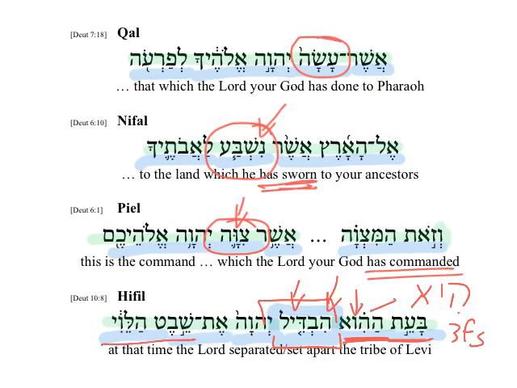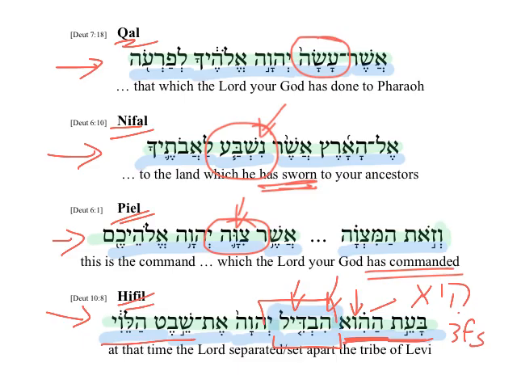Again, what you can see by looking across these examples is there are spelling differences and morphological differences between the Qal stem and the Niphal stem, Piel stem, and Hiphil stem, but there's not a real strong difference in terms of the meaning.